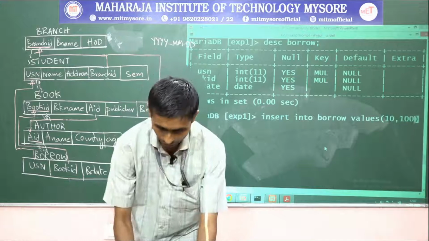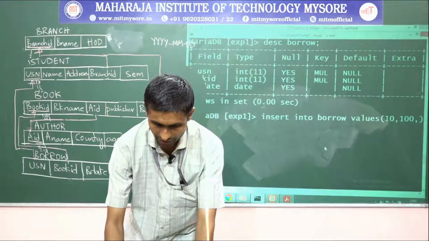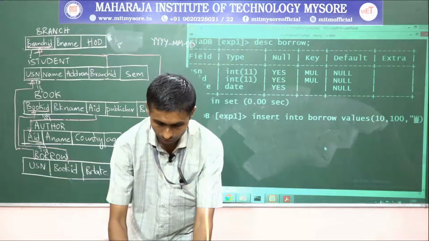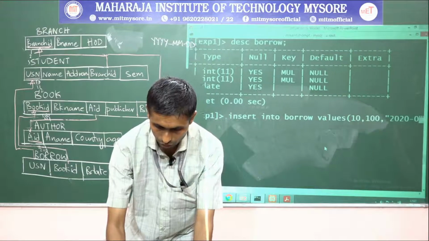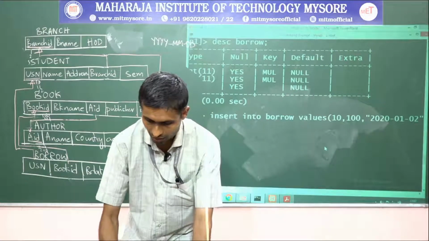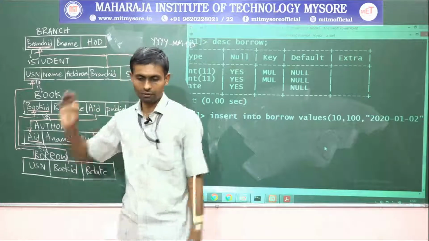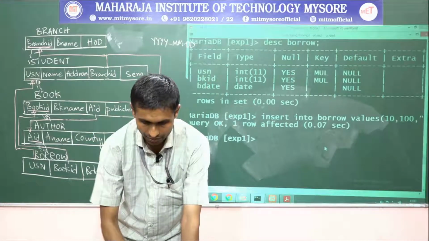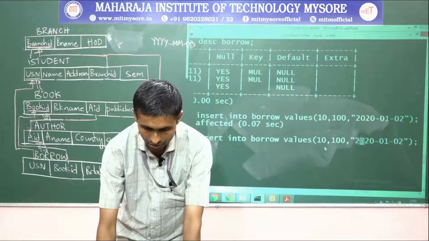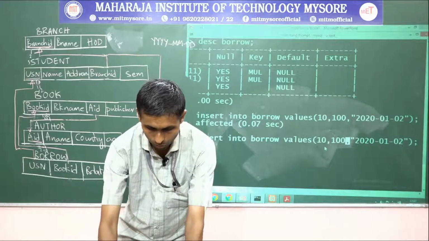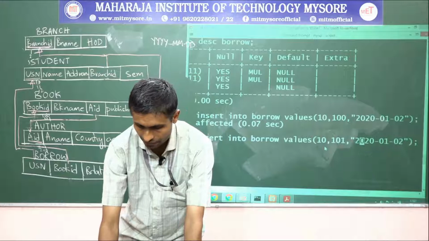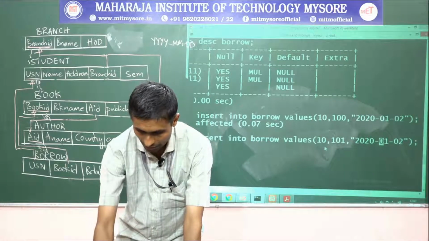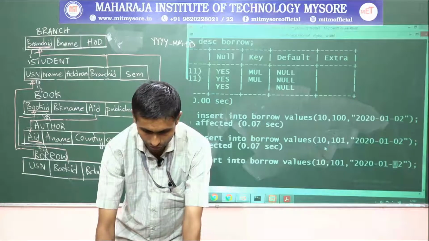So 100 he borrowed on some so and so date. I said make use of either single quotes or double quotes, 2020-01-02, in the first month, January, on the second date, that is when he borrowed it, yes, done. Then in the same fashion, let me make 10 borrow some more books, 101 on the same date, or you can have a different date, no issues.